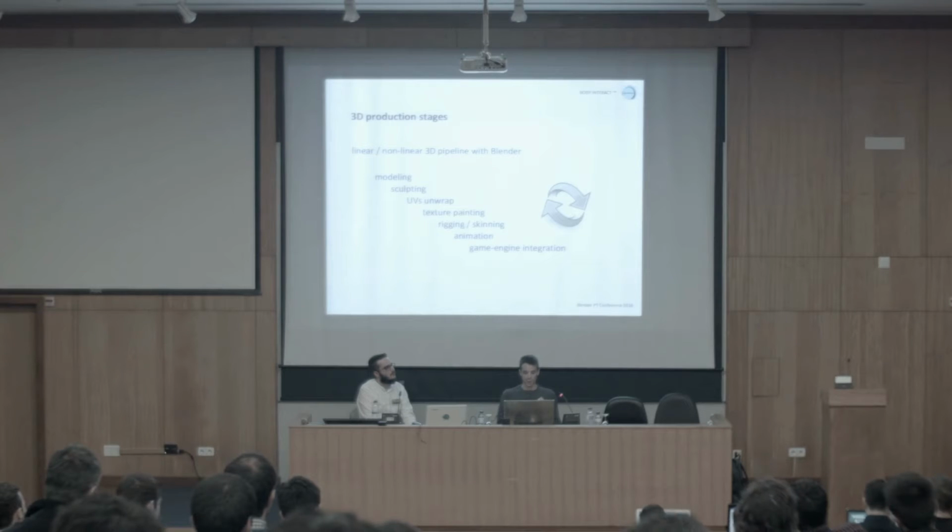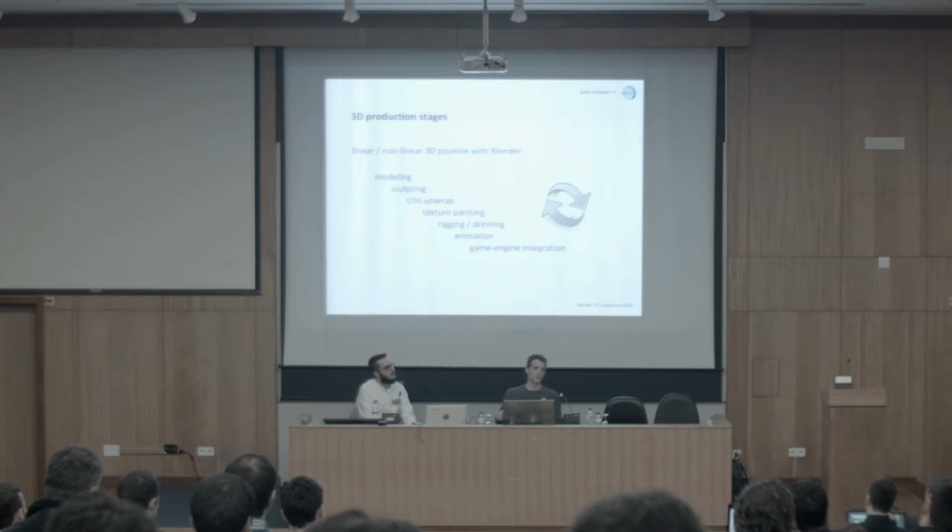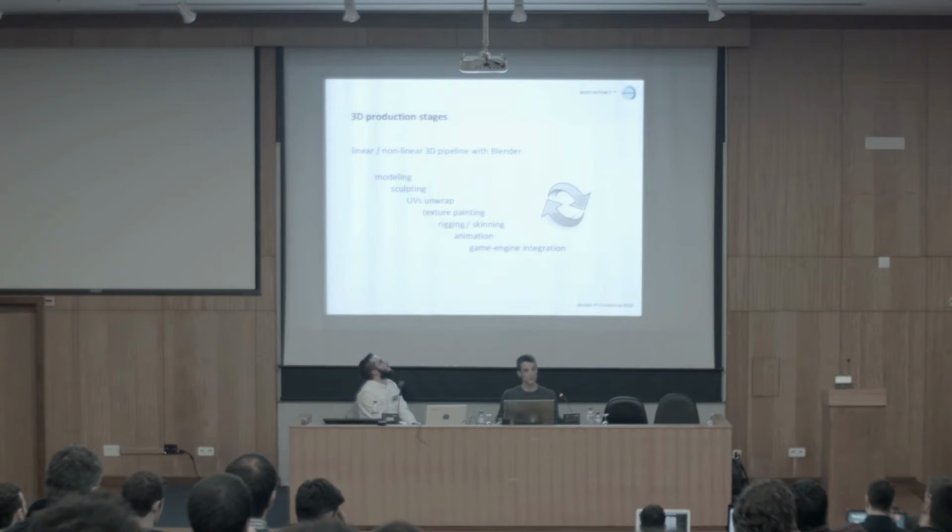In fact, it almost never is, because a 3D pipeline needs to go back and forth a bunch of times between all these 3D production stages. And what I find about Blender is that I can more easily jump between all these stages using Blender.